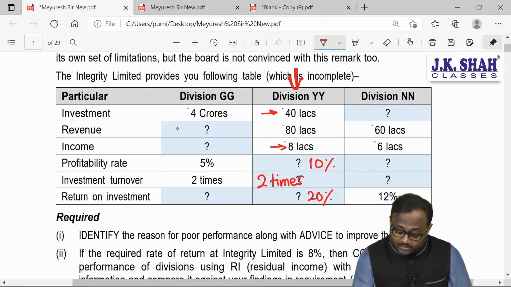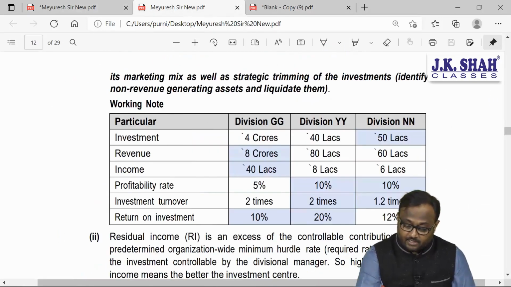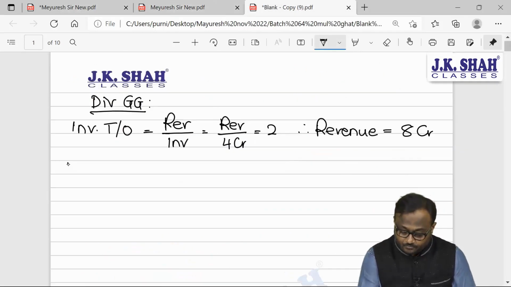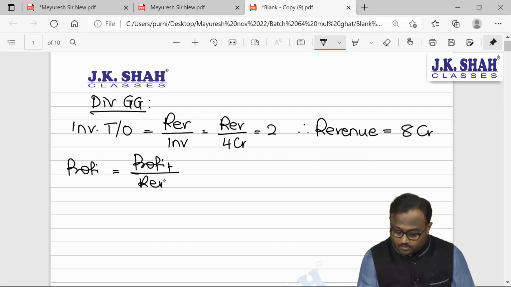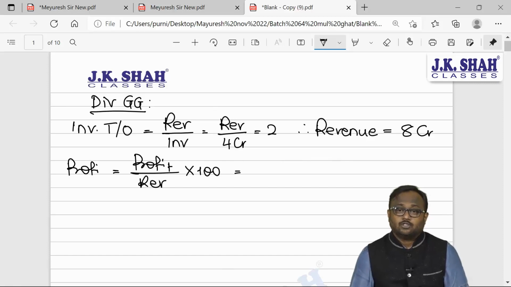If my revenue is 8 crores, guys, things are so simple now. My profitability is profit upon revenue into 100. How much is profit?